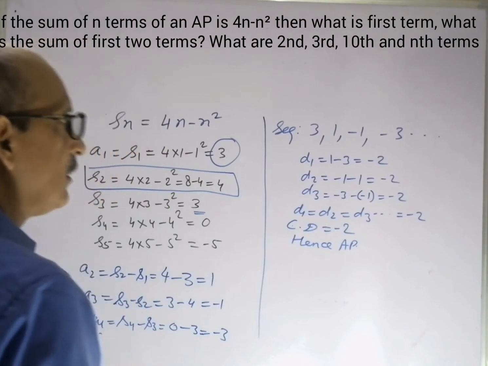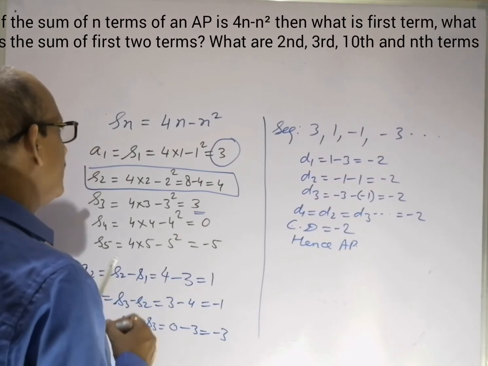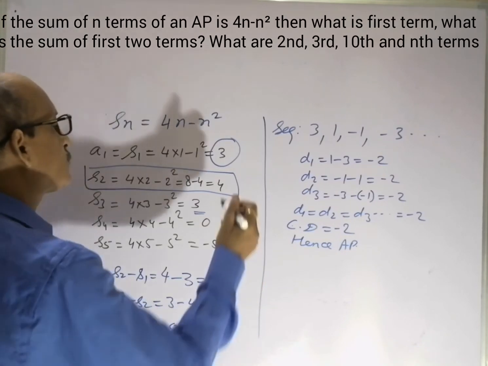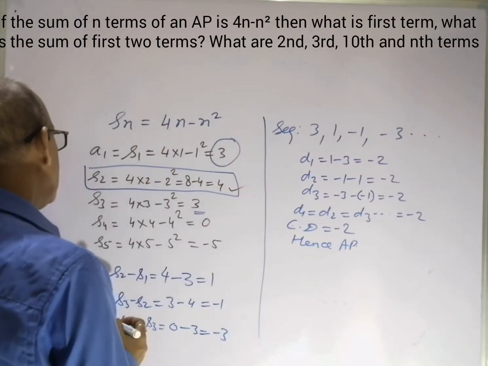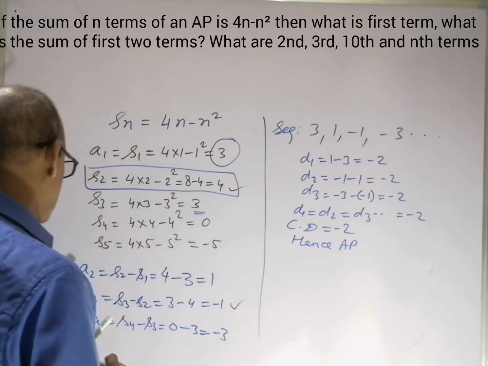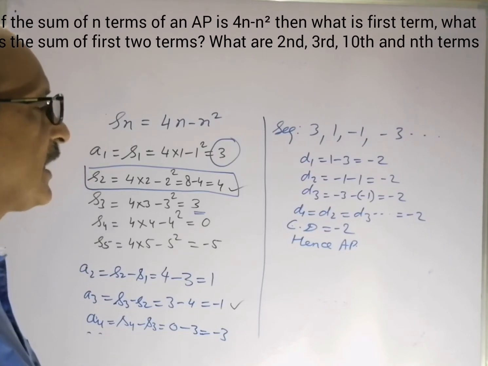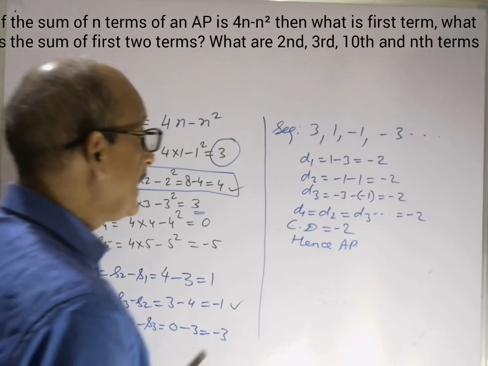Now further, when AP is there, we can get the third term. I think first two of the questions are done. S2 is done here. And A3 is also demanded, so that is here. A4 is not demanded. Now we have to get A10.